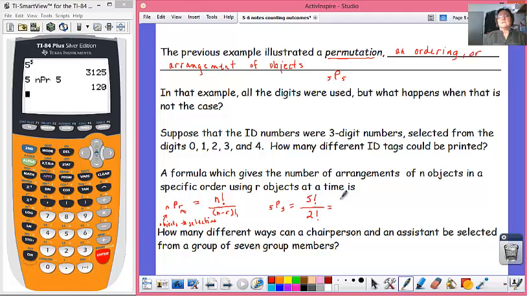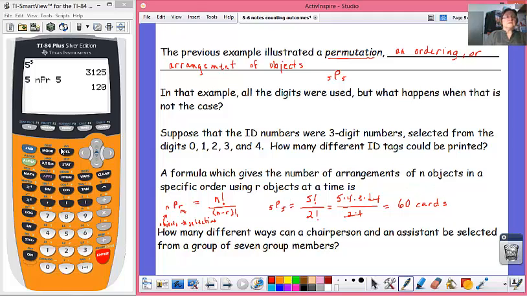And if you think about the math involved here, 5 factorial is 5 times 4 times 3 times 2 times 1. 2 factorial is 2. A lot of canceling there. And we have 20 times 3, 60 cards if you limit the number of digits to 3.